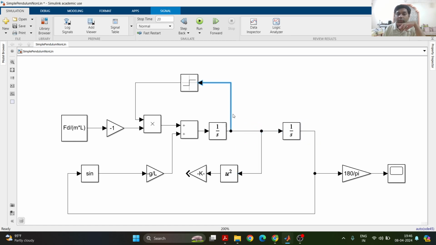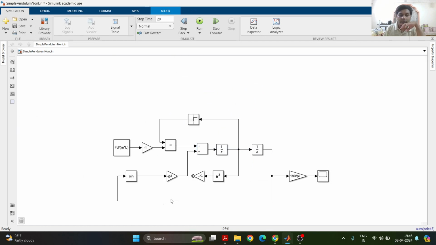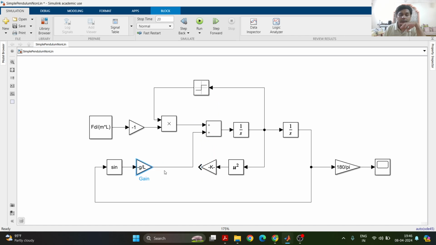So again it will be opposite to the sign of the velocity. So we need again that same product block.